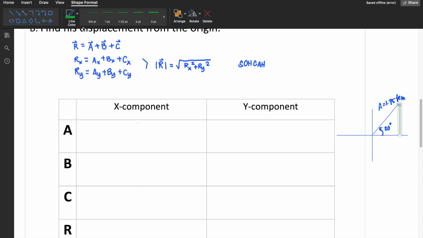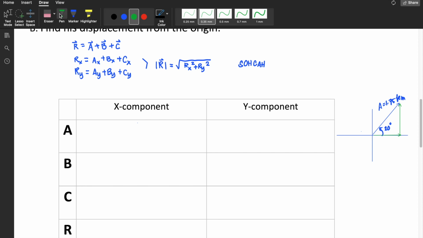This is the vertical component, the y component. And the horizontal component is your ax, the x component. We'll put some labels for that one.